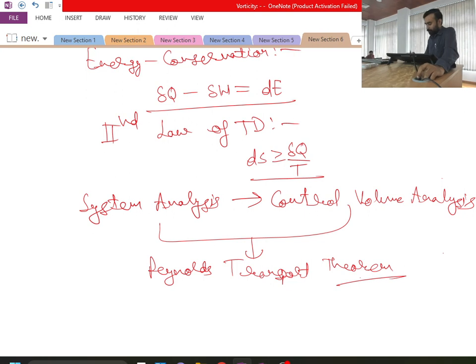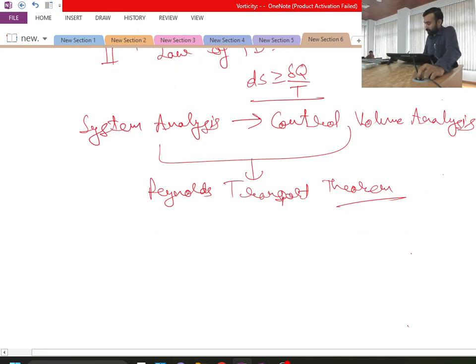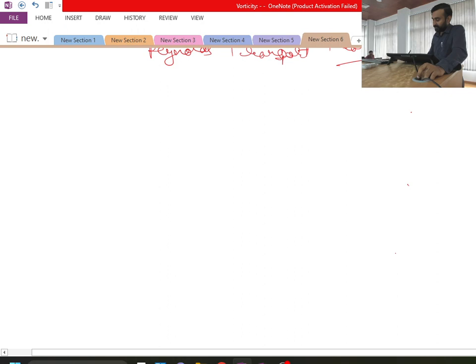Okay, so before going to the Reynolds transport theorem, let us first understand what types of different control volumes we can have. Say I have an airfoil structure, and this airfoil structure is moving in the flow field.